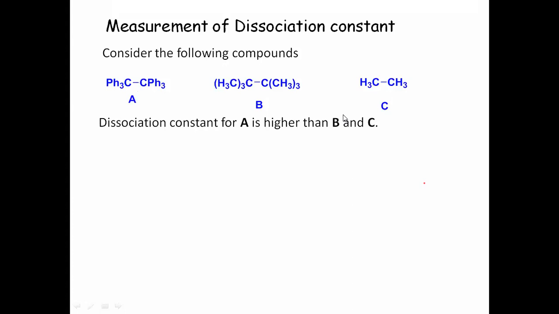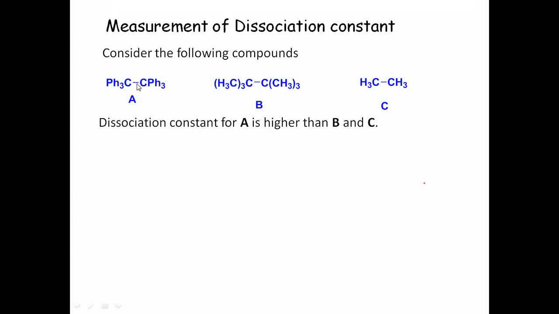Okay, so we are observing three reactions separately. This, on homolysis, will produce a methyl radical. This will produce a tertiary butyl radical, and this will produce the triphenyl methyl free radical.